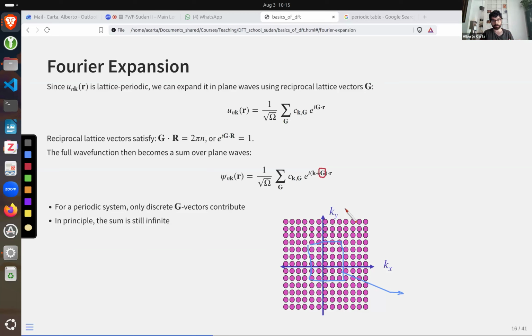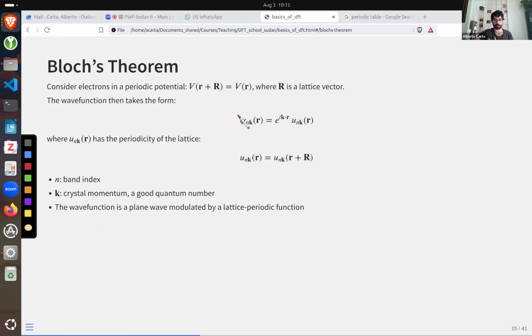So the idea is that we go from something complicated like a crystal, and then the Bloch theorem tells us, as I repeat once again, that we can have a normal free electron system times a periodic function.